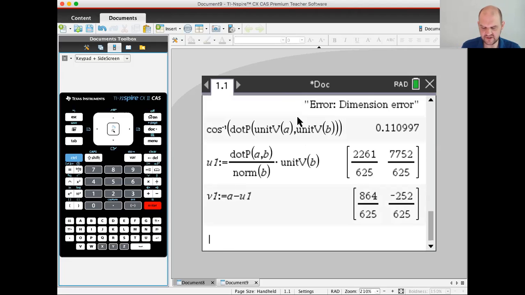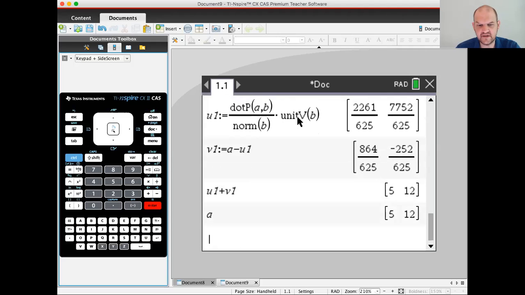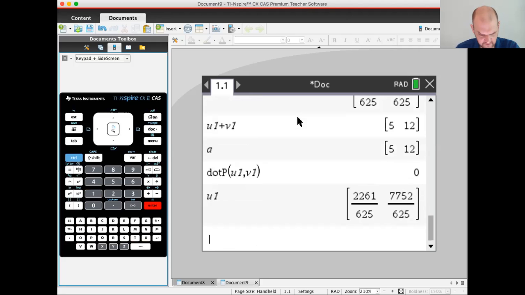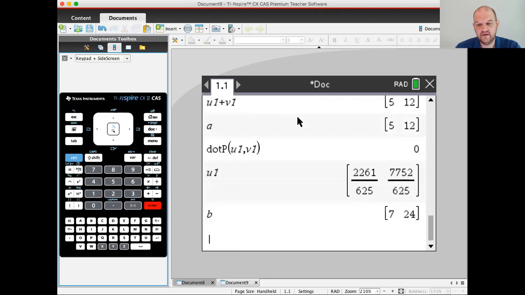So what can we do to check this? I mean, you can see that U1 plus V1 should be equal to A, which it is. And you can see that the dot product of U1 and V1 should be 0 because they should be orthogonal. It should also be the case that U1 is a multiple of B. Let's see, what's the easiest way to get that?